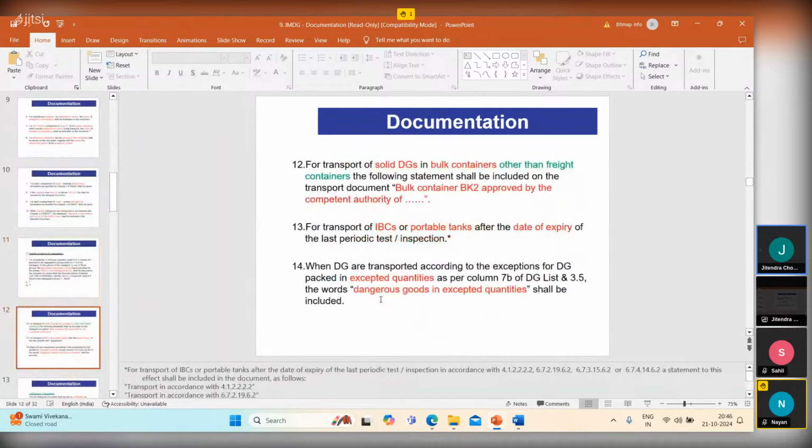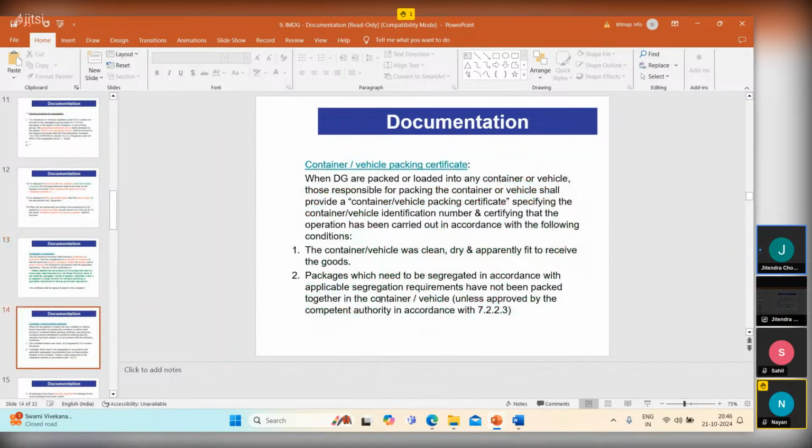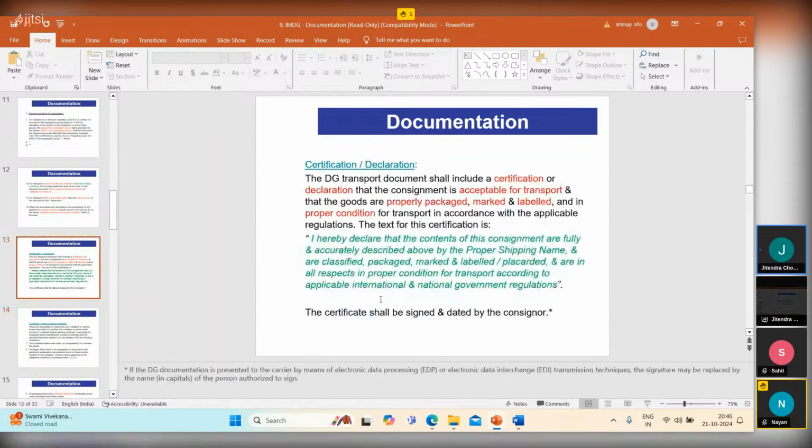All things about that container and cargo will be mentioned in the certificate. And the shipper's declaration: I declare that all the contents are packed and accurate, with proper shipping name, classified, packaged, marked, labeled, placarded in all respects, in proper condition for transport according to the applicable laws.